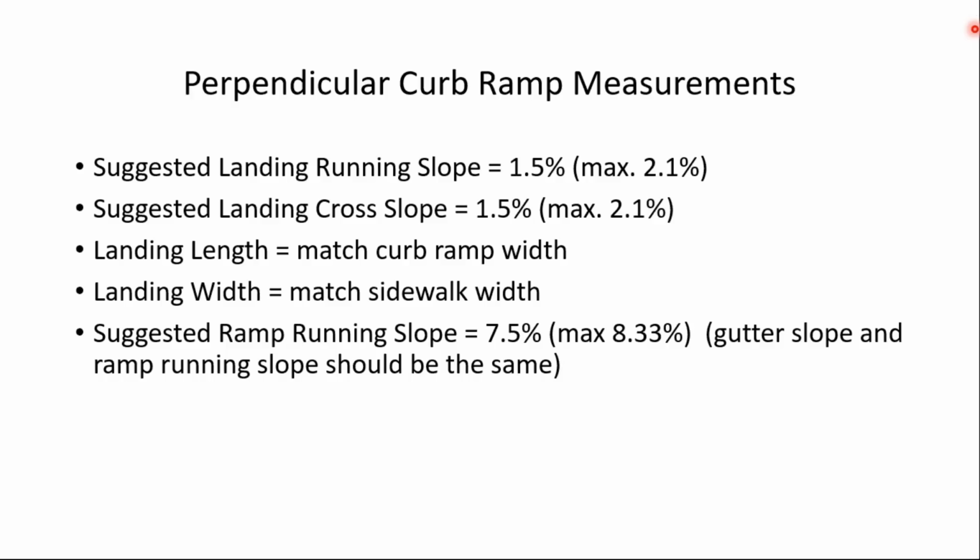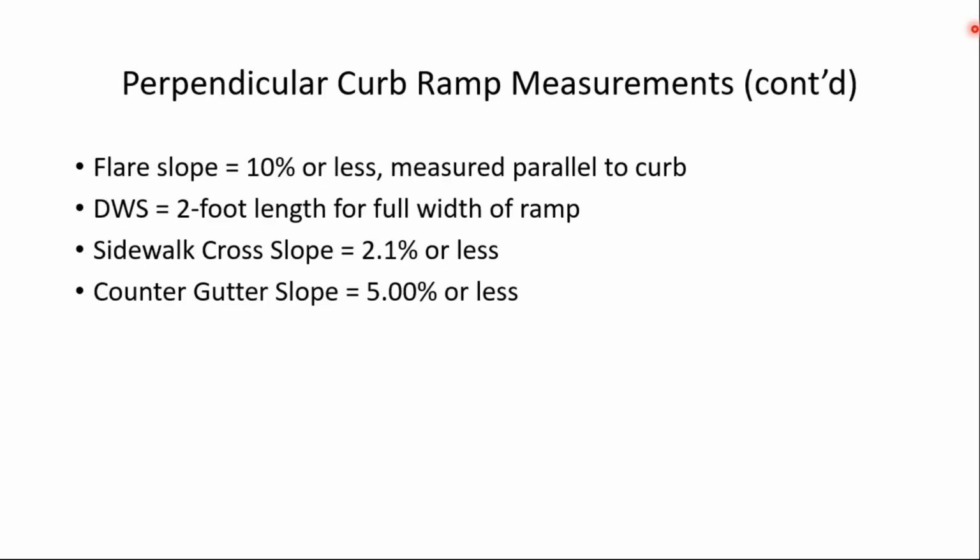So many agencies design for 7.5% so that when they're built, the ramps won't exceed 8.3%. Of course, the flare slope needs to be 10% or less, with 2 feet of detectable warning surface for the full width of the ramp, everywhere the curb is missing. Sidewalk cross slope 2.1% or less, and the counter gutter slope 5% or less.